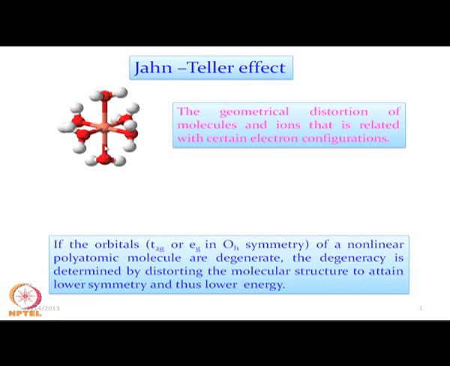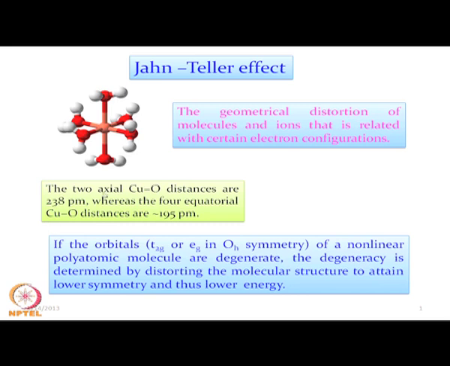The molecular structure of this system tells us that along the z axis we have two longer copper-oxygen bonds compared to the equatorial 4 copper-oxygen bonds. Therefore, the two axial copper-oxygen distances are 2.38 angstrom, which are comparatively longer than the 4 equatorial ones.